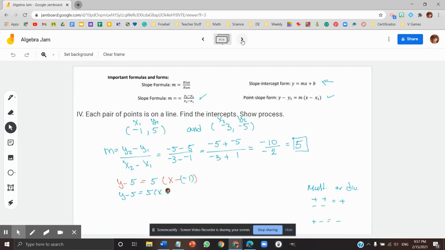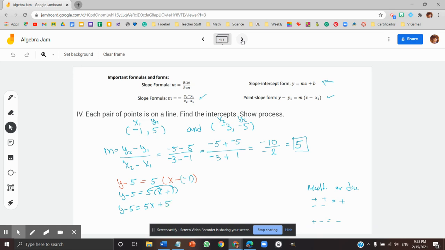I'm going to change that subtraction to an addition and change the sign of the second number. Now it's going to be easier to use my distributive property. I'm going to multiply the 5 and the x and the 5 with the 1. Y minus 5. Everything on my left side stays the same. 5 times x is 5x. And 5 times positive 1 is positive 5.